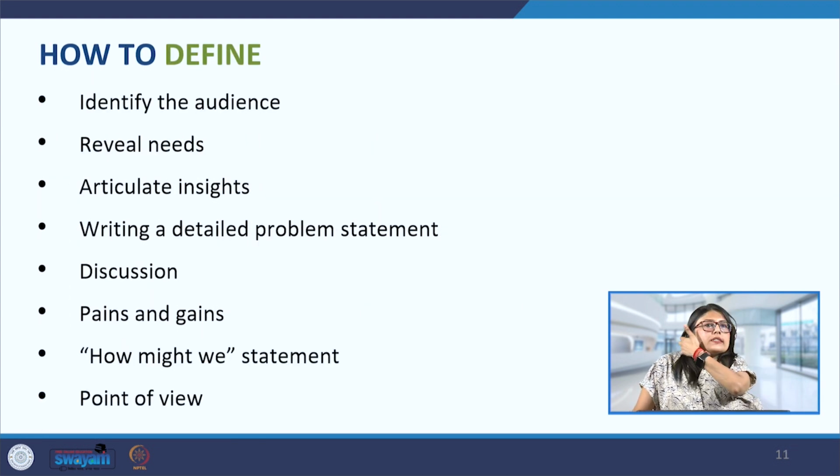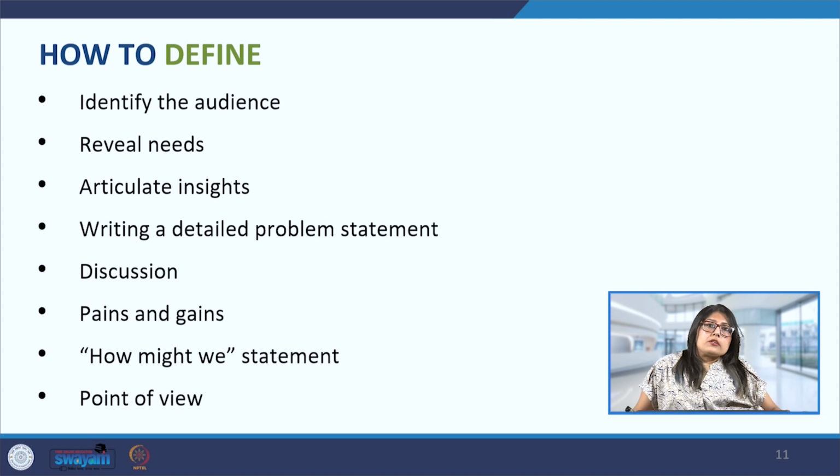Now let us see how to define. Of course, the first step here is to identify the audience. This involves understanding who the users are, and this includes their demographics, behaviors and contexts. Something that works in the context of Europe may not work in the context of our country, and vice versa.